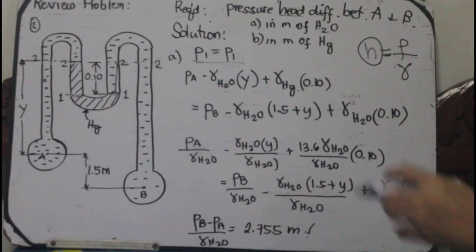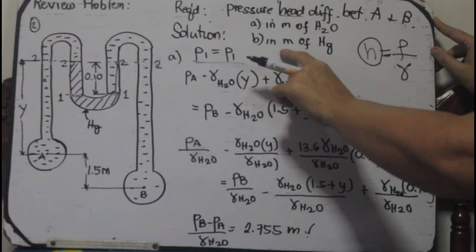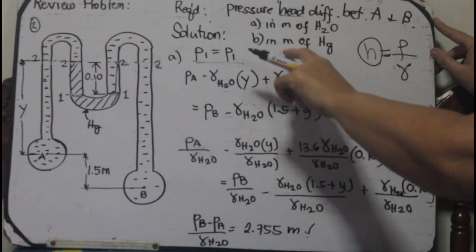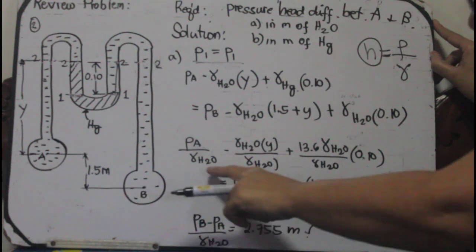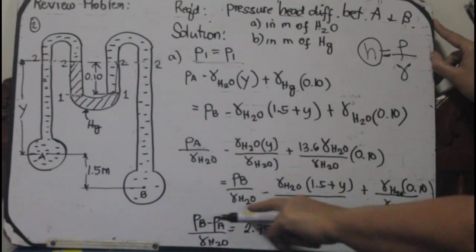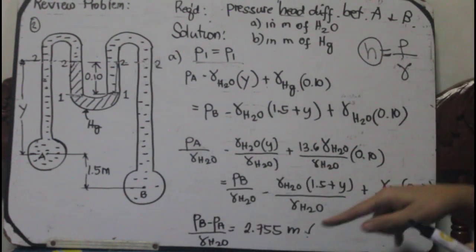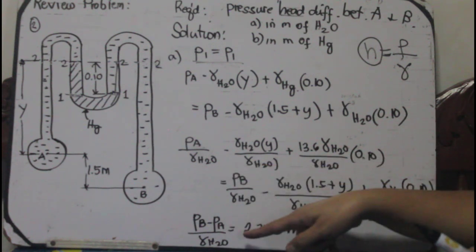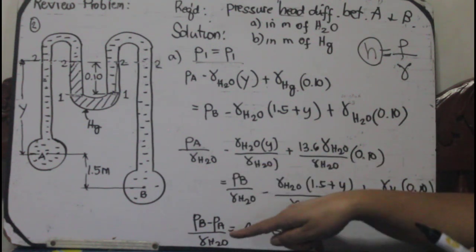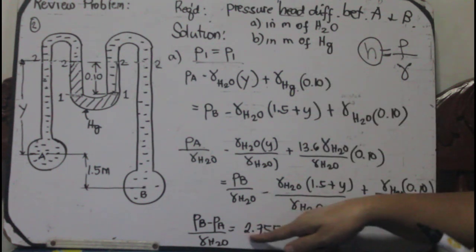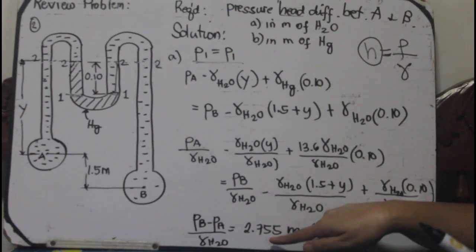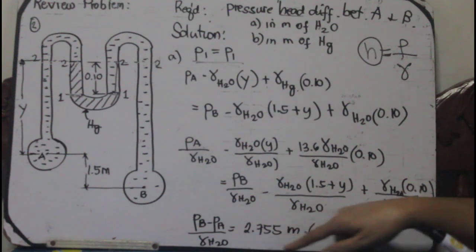If you are going to solve for letter B, pressure head difference between A and B in meters of mercury, ito naman ang divisor nyo ngayon, puro yung unit weight ng mercury. Okay? So, yun yung magiging answer nyo. And definitely, in meters of mercury, this quantity will be very small because mercury is a very heavy fluid.